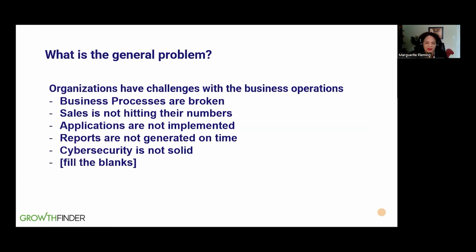If it's a business process, if it's sales that you want to work on, what are those business goals that you have? It could be anything. Reports, cybersecurity, it could be virtually anything. So what is that general problem, and then how are we going to fill that gap? This process is meant to give an action plan and give visibility into how to bridge the gap.